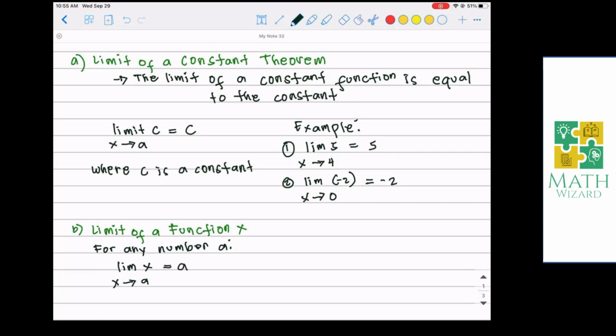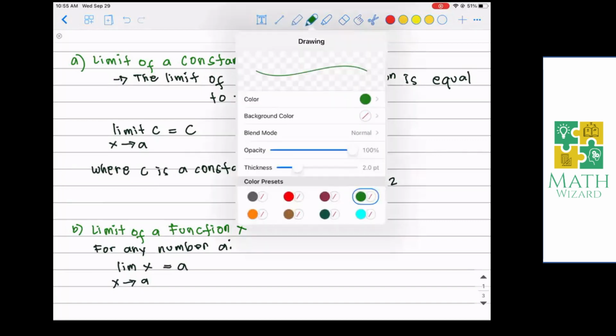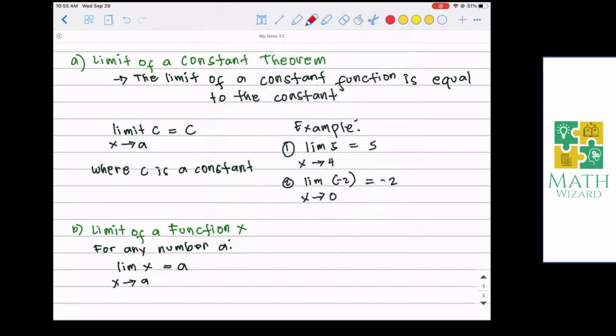Meaning, if we are going to find the limit of a function x, kung hahanapin natin yung limit ng function na x, kung saan si x approaches A, then the answer would be kung saan nag-a-approach si x.